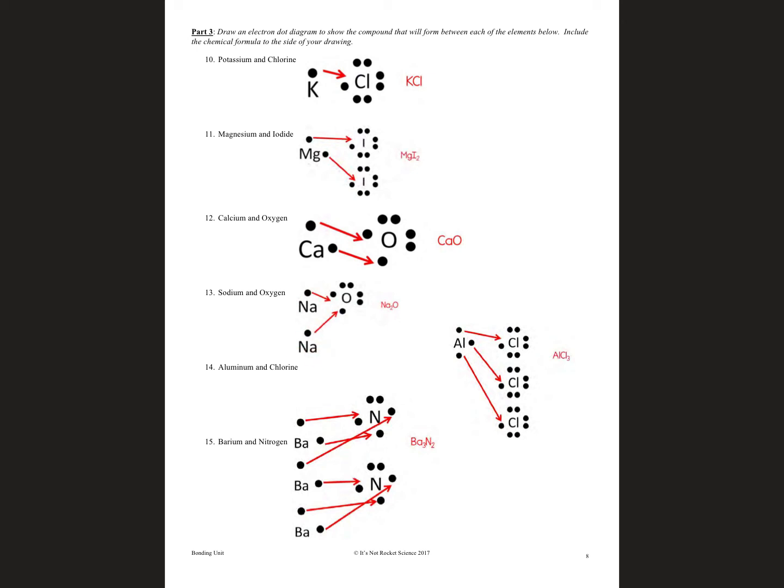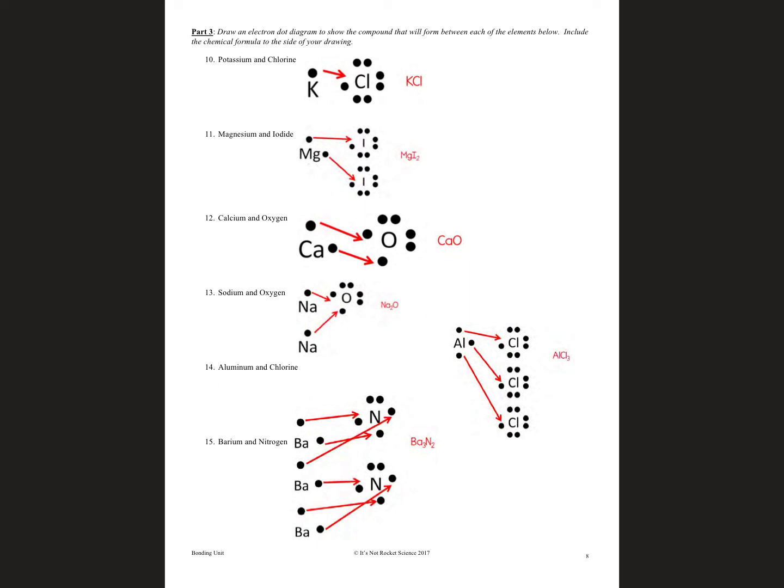Again, you want to do the least amount of work here, so we don't add another oxygen. We just add another sodium because that's the easiest way to fill up this oxygen. We always want to fill the one that has more electrons rather than add another one.